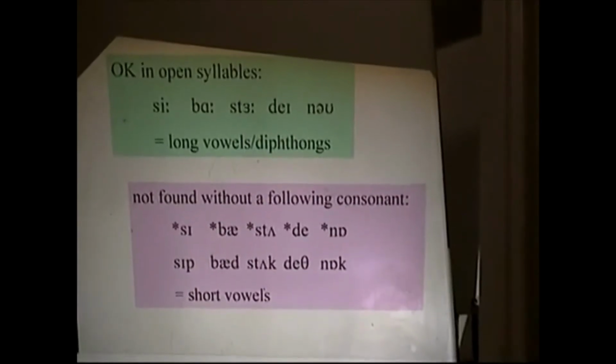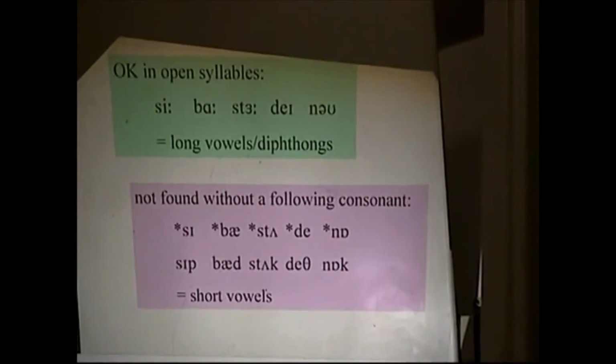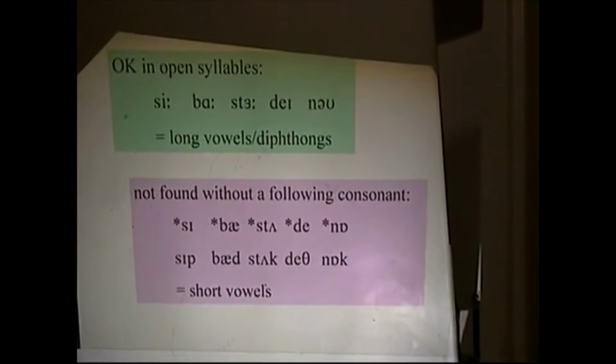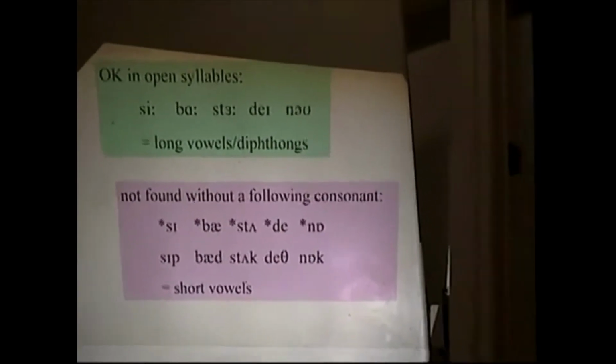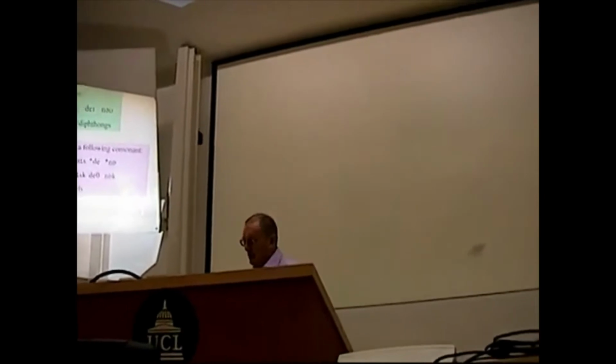Whereas there are many of you in whose language a word like bad is actually rather strange. It's not permitted because it's got a final consonant or a final voiced consonant. Many languages don't allow that. But English does, which not only allows it, but in a sense requires it if we're to have a short vowel. So this is a very basic and fundamental point about English long vowels and short vowels.